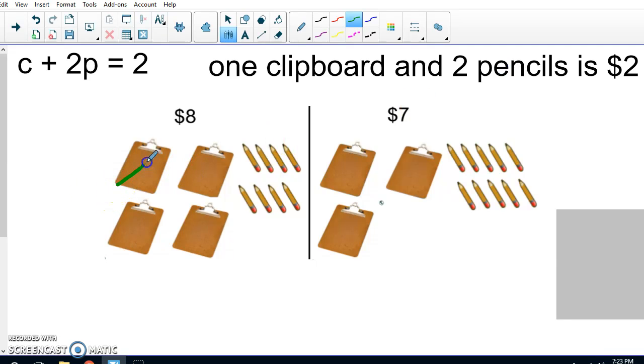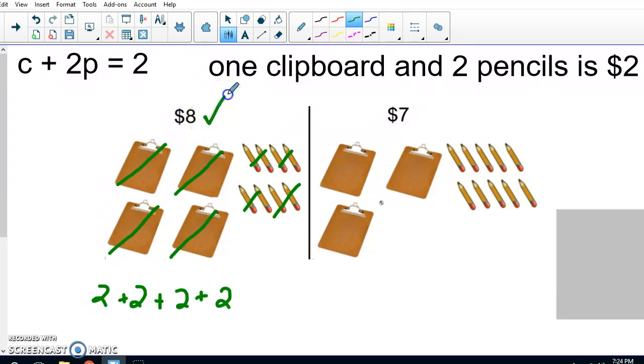So going over to Josh's info here, 1 clipboard, 2 pencils, that represents $2. 1 clipboard, 2 pencils, another $2. 1 clipboard, 2 pencils, $2. 1 clipboard, 2 pencils, $2. So we have 4 sets of $2 payments, getting us a total of 8, which is in fact exactly what Josh paid.